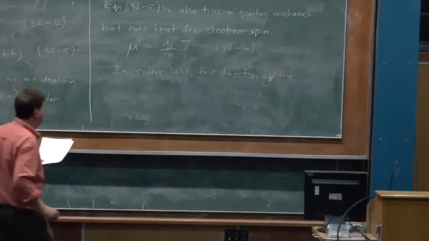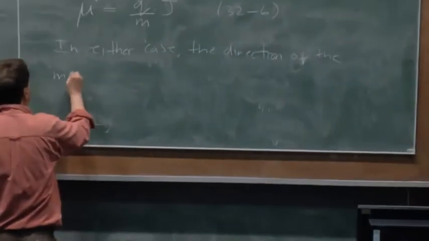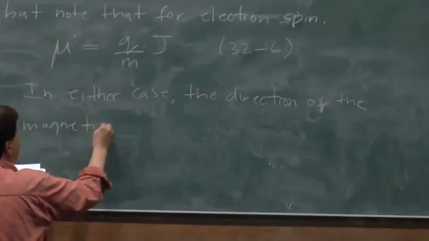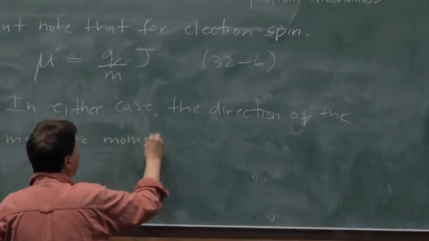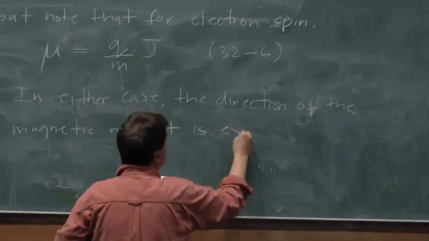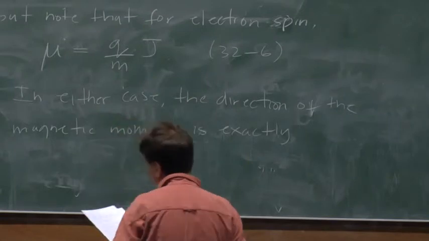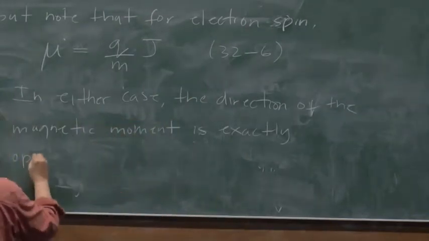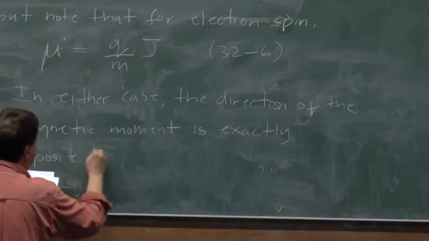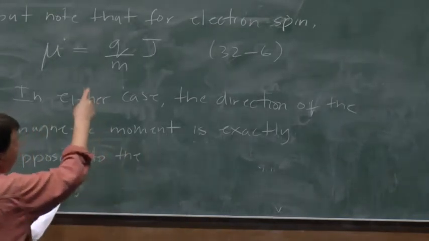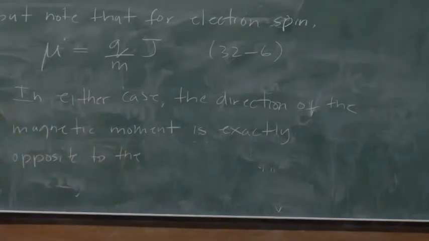But at least in either case, the direction of the magnetic moment, I've only dealt with the magnitudes here, but the direction is exactly opposite. This constant in front is actually negative. You could view that as due to the negative charge on the electron. That's the way Feynman explains it, but I think even there's a little bit of hand waving.